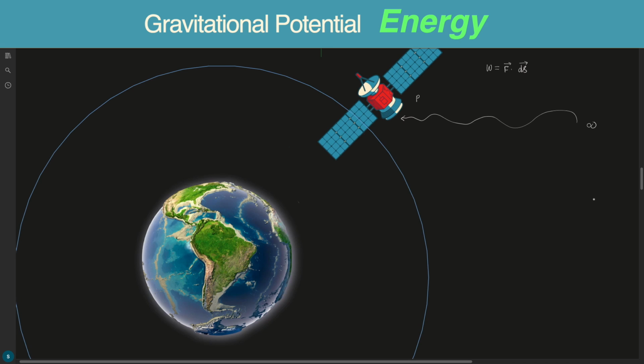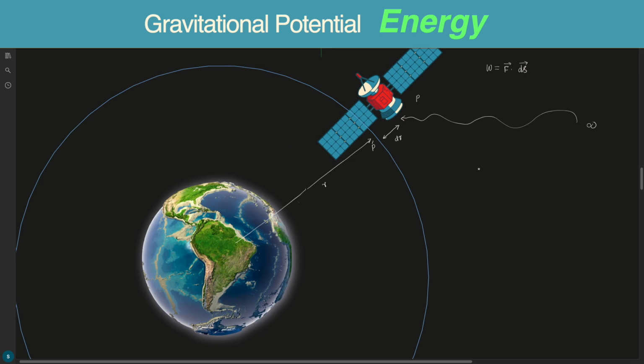Having brought the satellite up to point P, we move it a little distance from P to P dash, which is very small, let's say dr. The distance from the earth to this point is r.